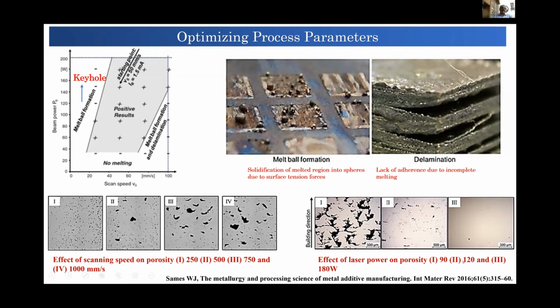So these are important parameters, and people have constructed a map of beam power versus scan speed, and there is a safe zone in between that leads to the product with optimal or least porosity content. On either side of it is not desirable. On one side you get keyhole defects, on the other side one can get unmelted particles.